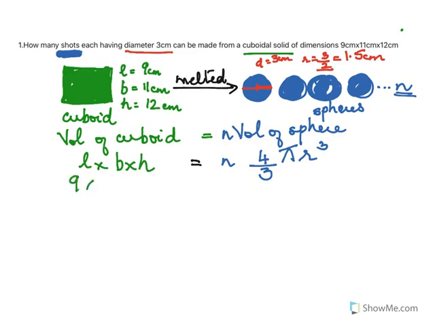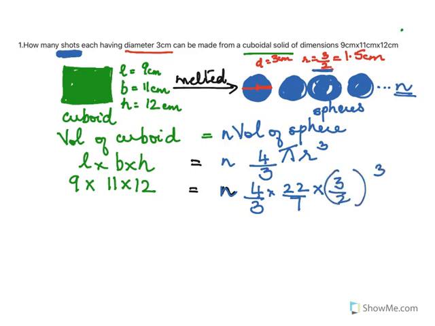So we now put the values. Our length is 9, breadth is 11, and this is 12, which is now equal to n. We don't know, we need to know the number of shots or spheres. So there, 4 by 3 pi. We take pi as 22 by 7, and your r is here, 3 by 2 the whole cube.